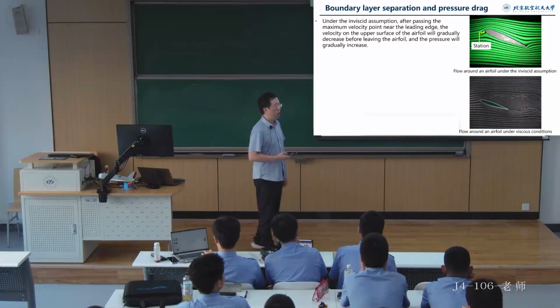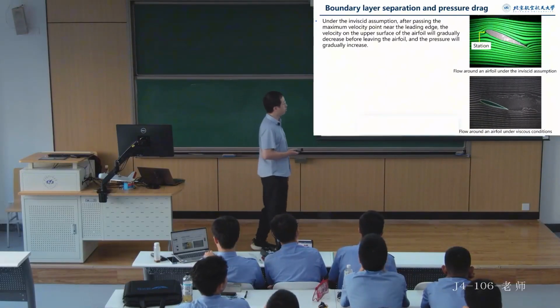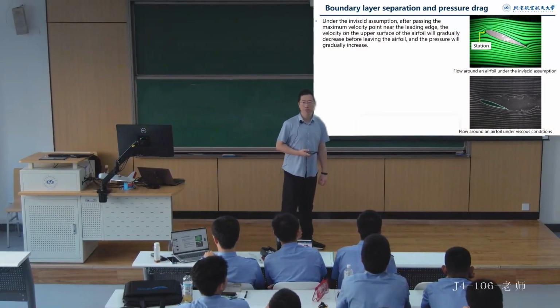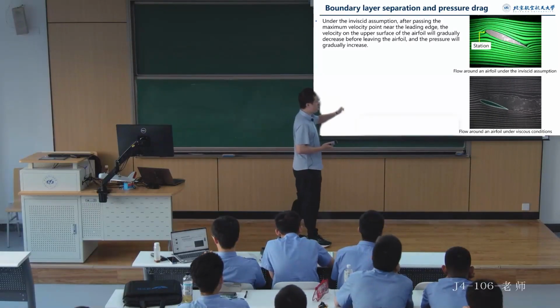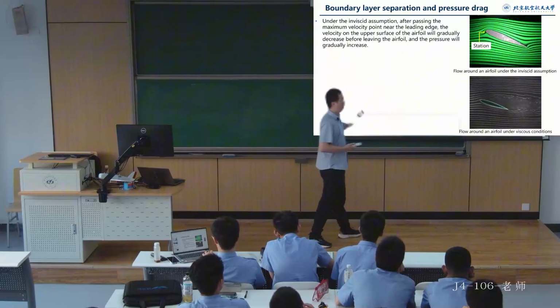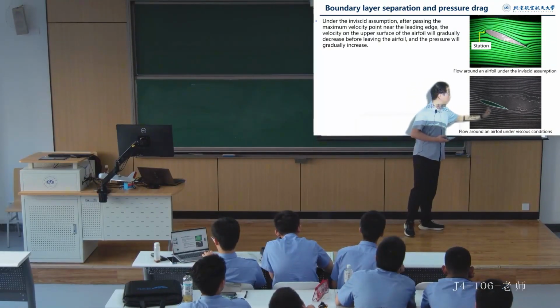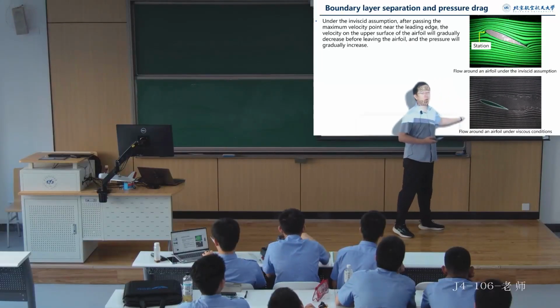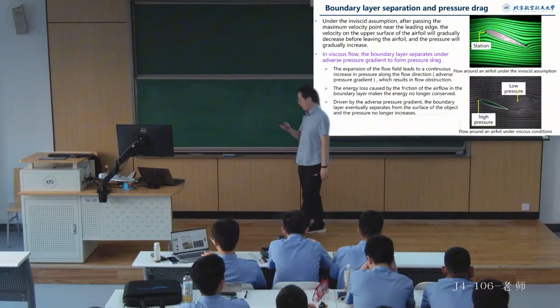Right? This pressure difference results in a significant drag, which we call pressure drag. This occurs because the flow of the boundary layer causes mechanical energy not to be conserved, and after reaching a certain point, it separates from the surface, creating a pressure difference between the front and back, thus resulting in this pressure drag.